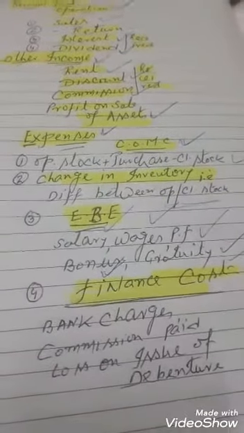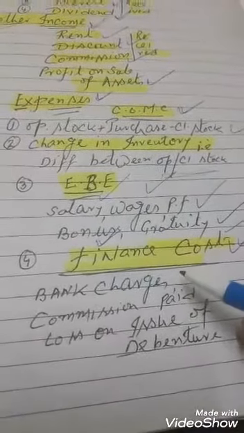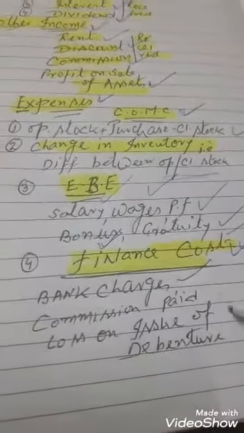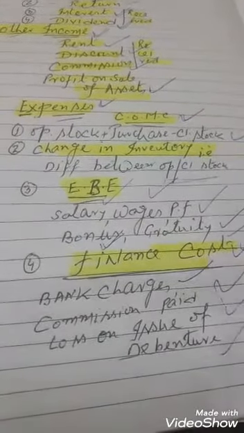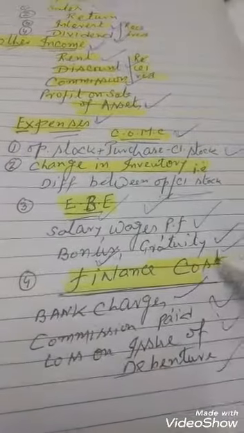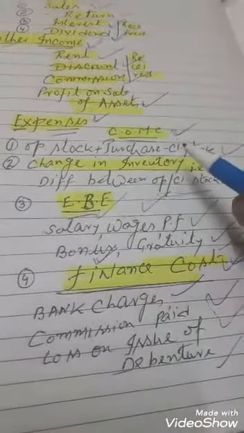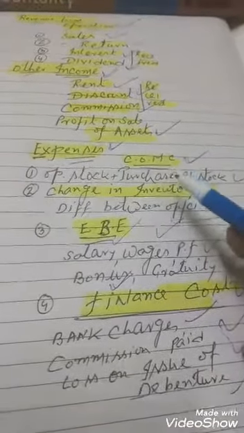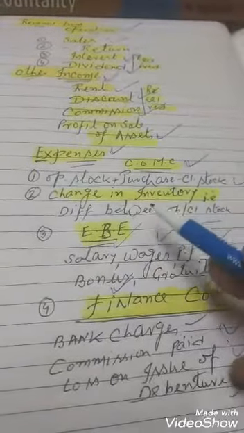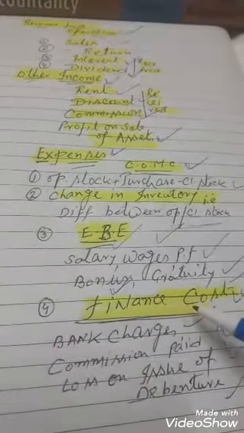Then comes finance cost. Finance cost means bank charges, commission paid, loss on issue of debenture. So in expenses, I have told you four items: cost of material consumed, change in inventory, employee benefit expenses, and finance cost.